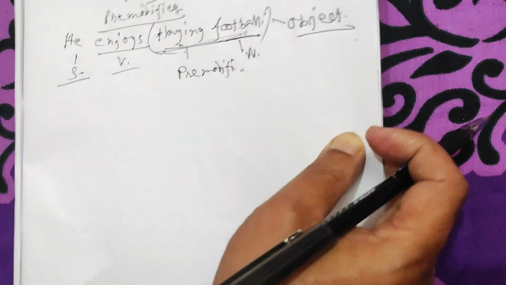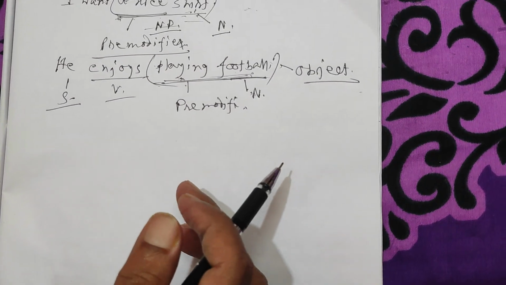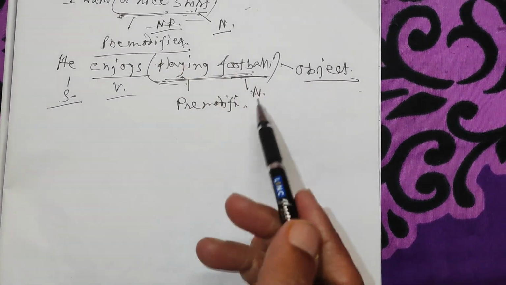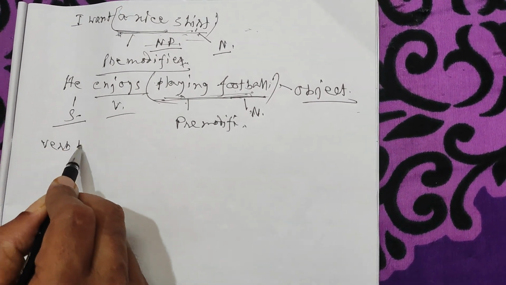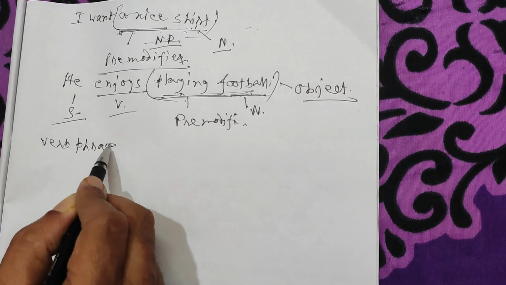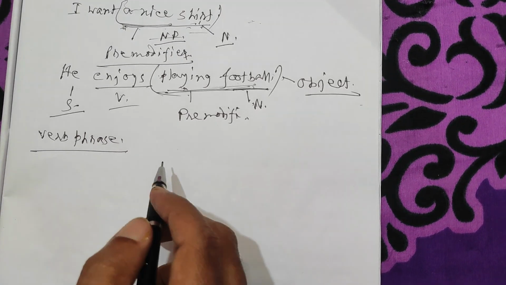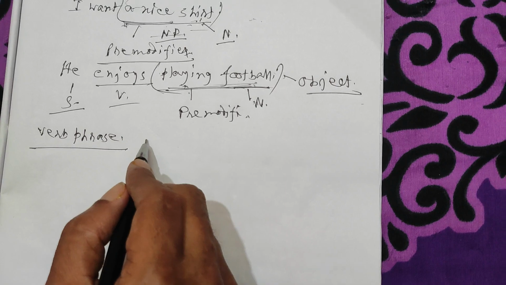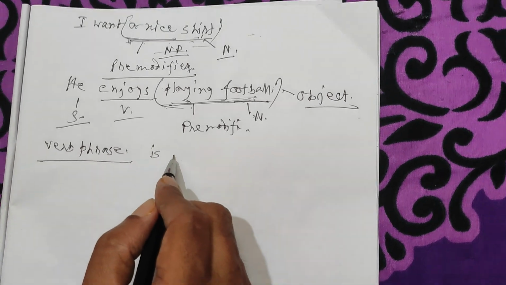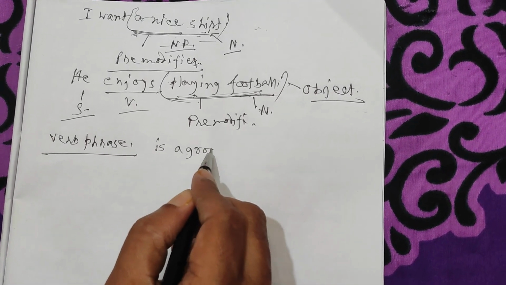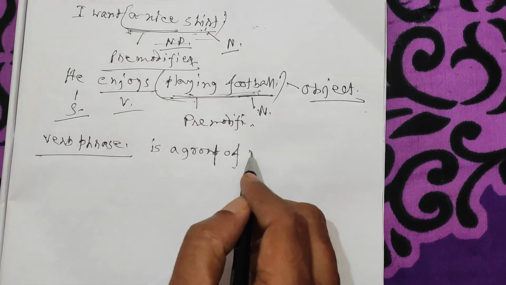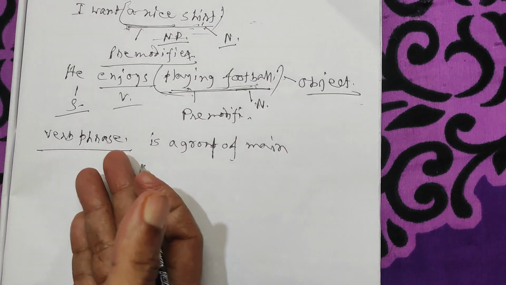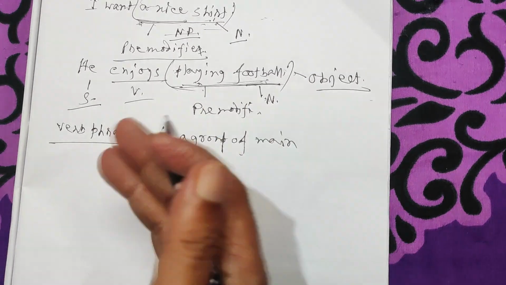So I think you have already understood the various examples of noun phrase. Now I am coming to verb phrase. Let us understand. A verb phrase is nothing but a group of main verb and helping verbs. Actually, a verb phrase acts as a verb in a sentence.